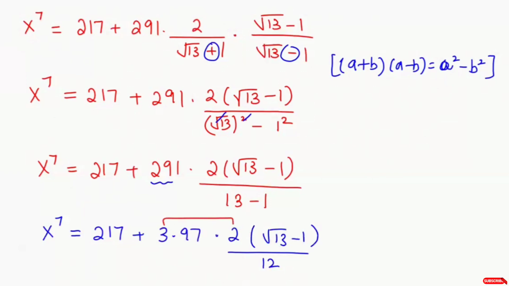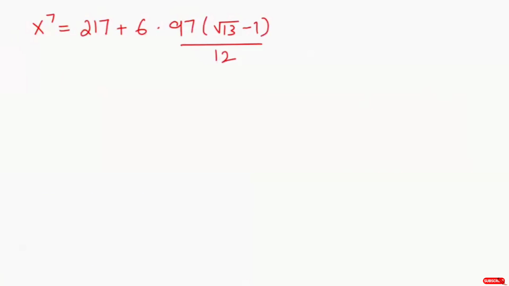So the next expression we will get x to the power of 7 is equals to 217 plus 6 times 97 into root of 13 minus 1 over 12. Now here this is going to be reduced to 2. Now I'm going to multiply this 97 with this bracket.